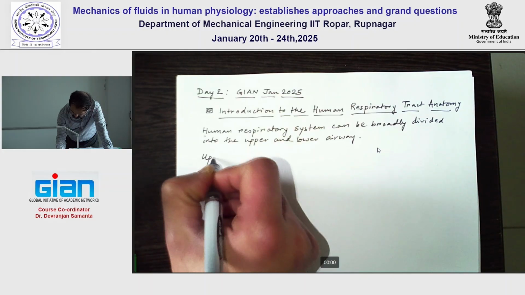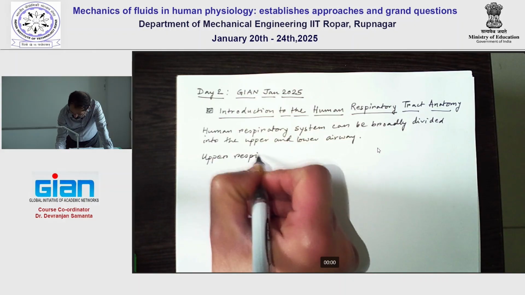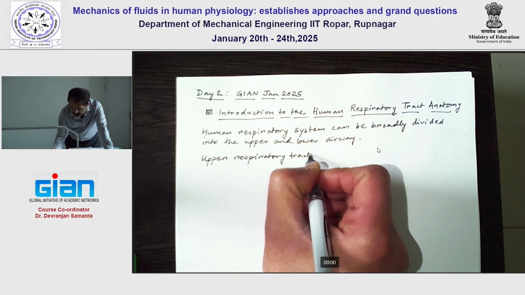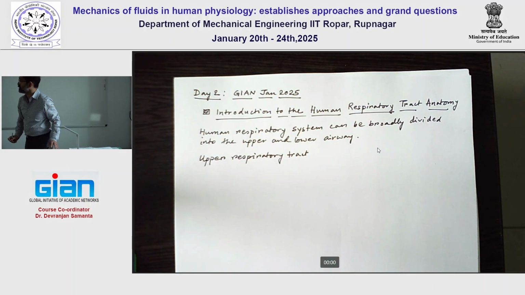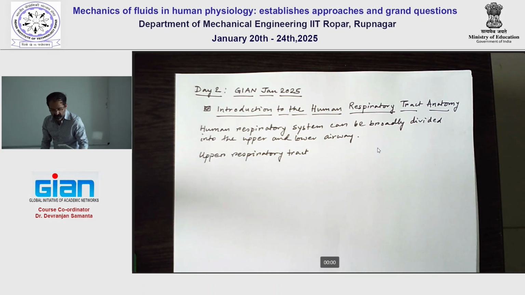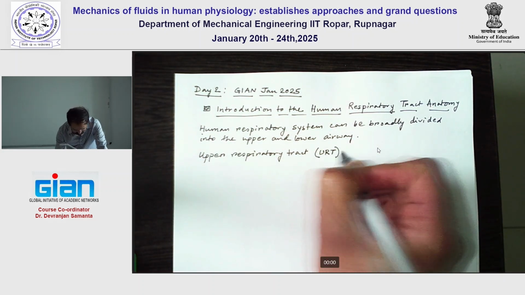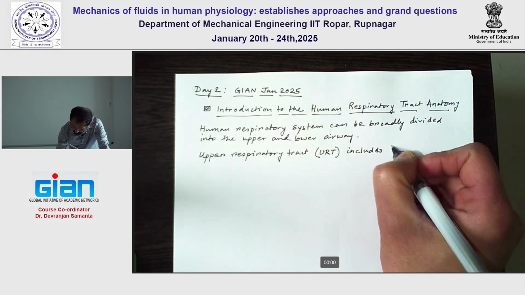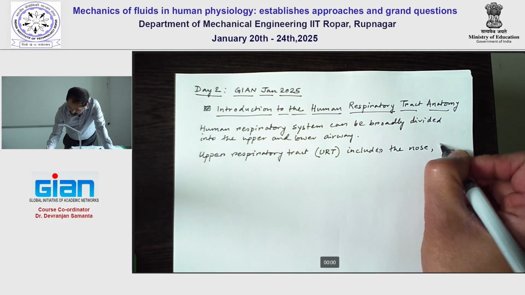The upper respiratory tract, and I'm going to use upper airway and upper respiratory tract equivalently, they mean the same, but in literature you will see that this acronym is very common, URT. So the upper respiratory tract includes the nose, the oral cavity.